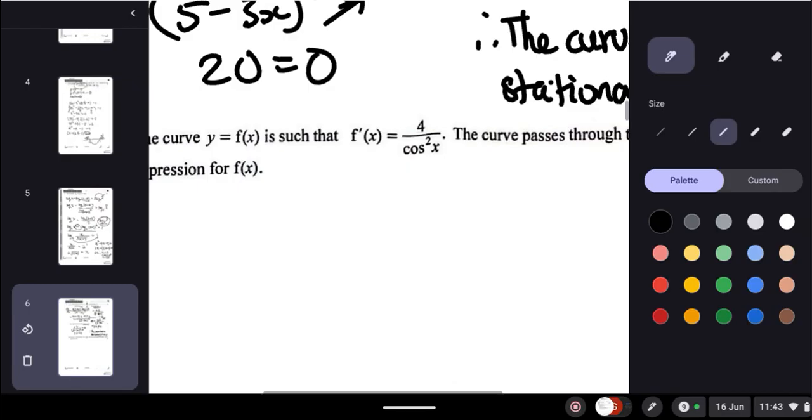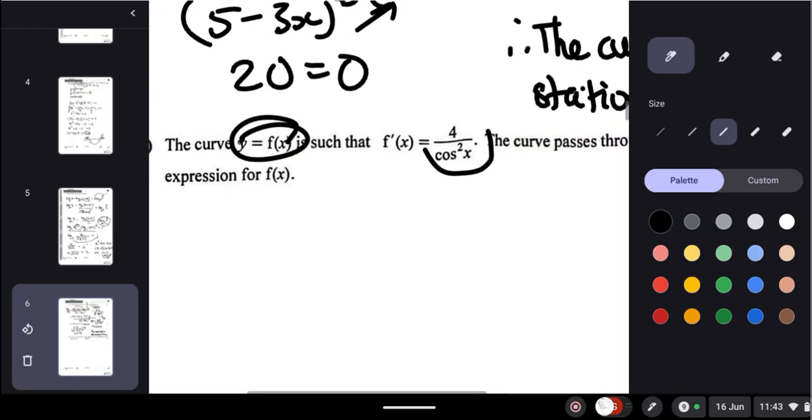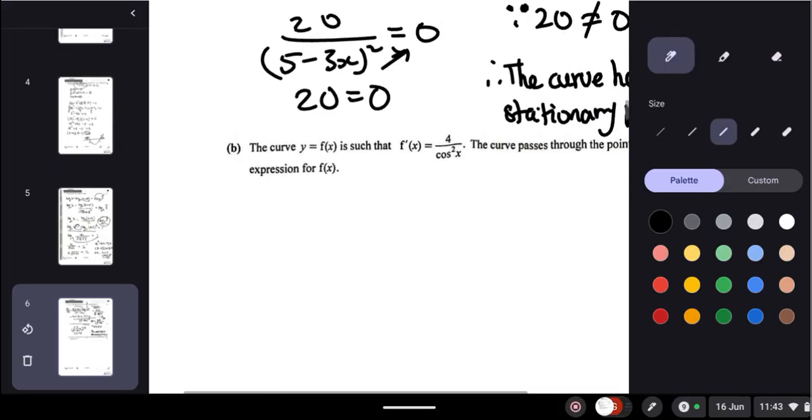Basically they are saying that I already differentiated it, but I want the normal one back, so basically the y equation back. So just normally do integration.